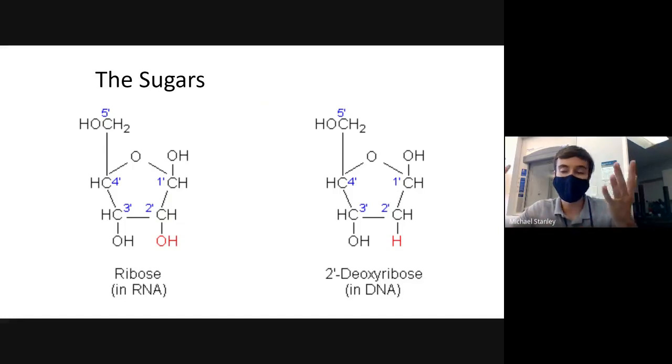It's been deoxygenated. So that's where the D in DNA comes from, because the sugar doesn't have an oxygen compared to its more standard cousin. So it's a ribose sugar that's missing an oxygen. So they call it deoxyribose, as in deoxyribonucleic acid.